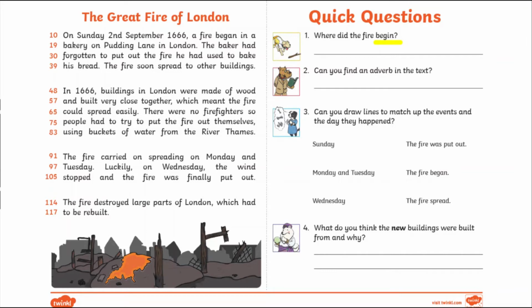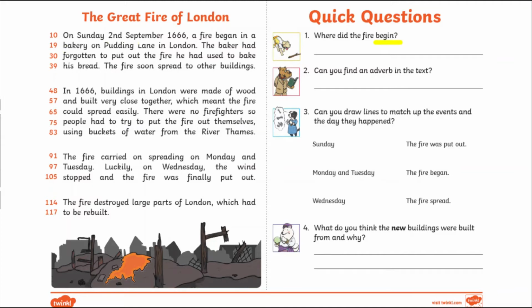So I thought that maybe we would have to look for start. And then I thought that it could be in the past tense because the Great Fire of London happened a long time ago. So we might be looking for the word began or the word started. So I'm going to read the text from the beginning and see if I can find any of those words.